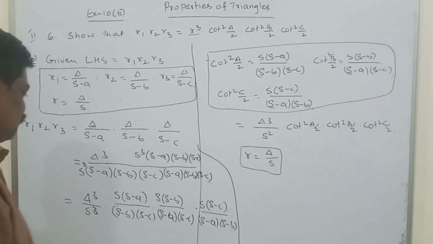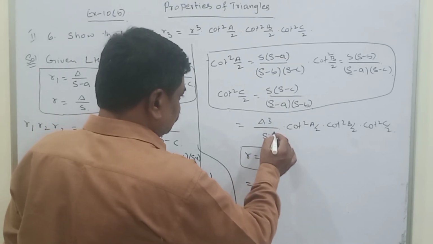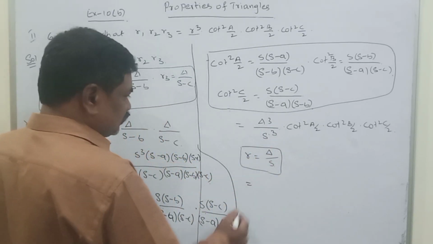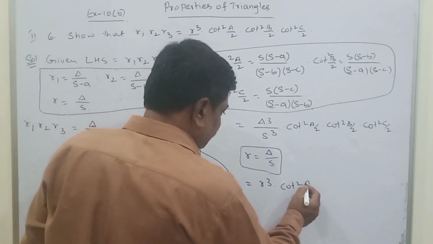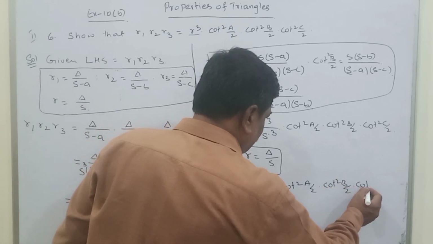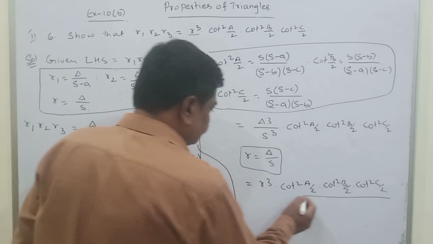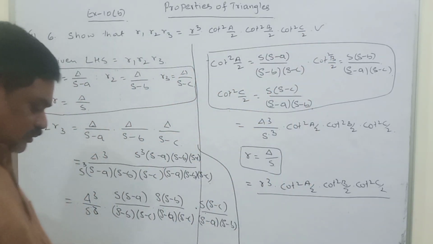This is equal to delta cube by S cube. Then this is R cube into cot square A by 2, cot square B by 2 and cot square C by 2. Hence the result RHS. Okay, all of you.